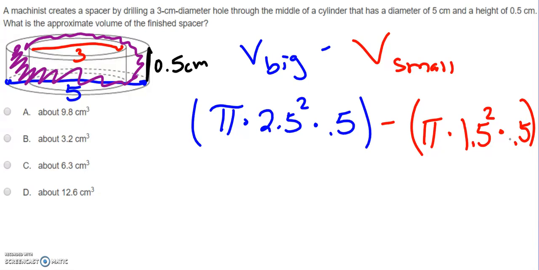So if I put this in my calculator just as you see it with the parentheses, it should work out.